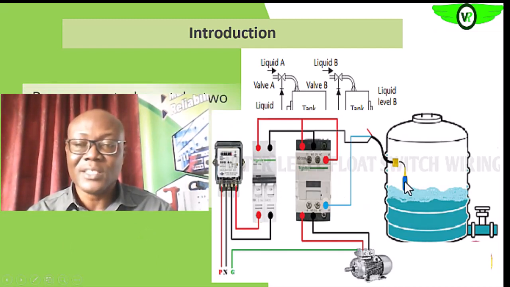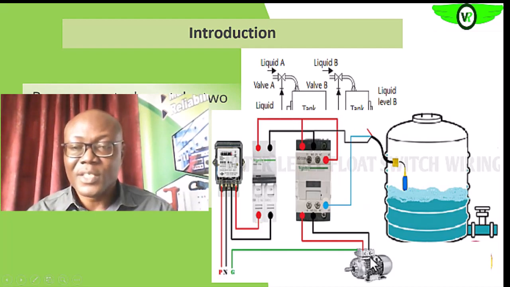So you see that this is the sensor, the level switch. We'll see it later. This level switch, when the fluid in the tank drops below a certain level, will energize the coil of this contactor, and then the contactor will close power to the pump motor, and then the pump will continue to fill the tank.